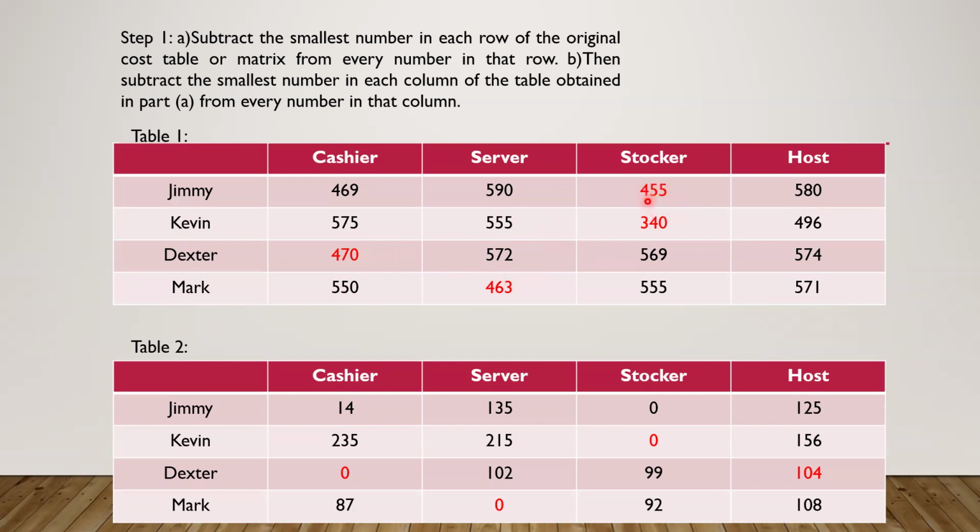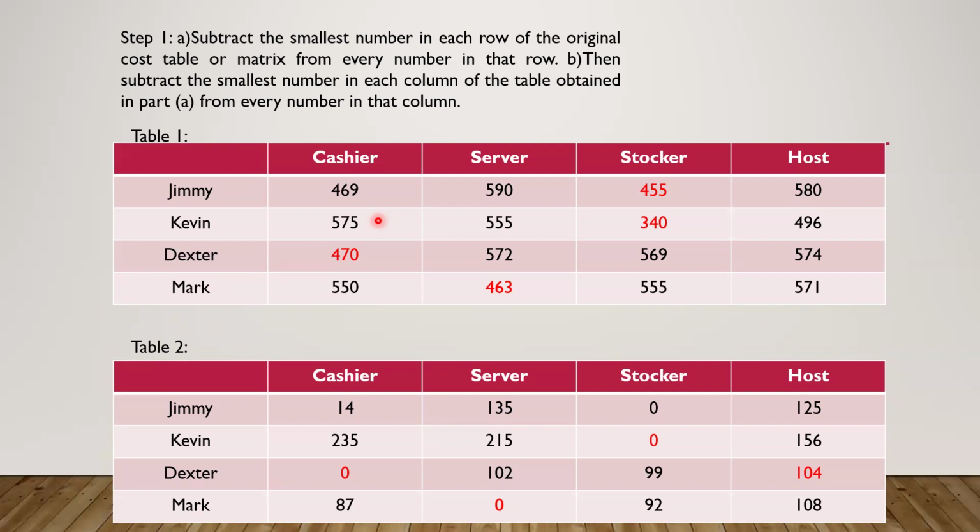And then after we find the smallest number in every row, we will then subtract it. So 406 on the second row, 469, 590, and 580 subtracted by 455. Third row, 575, 555, 496 subtracted by 340.